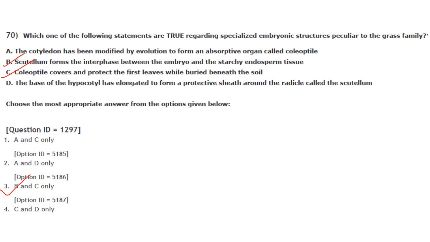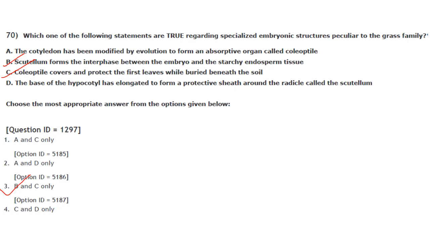Which one of the following statements are true regarding specialized embryonic structures peculiar to the grass family? The cotyledon has been modified by evolution to form an absorptive organ called coleoptile. The epicotyl gives rise to stem and leaves and is covered by a protective sheath, that is the coleoptile.